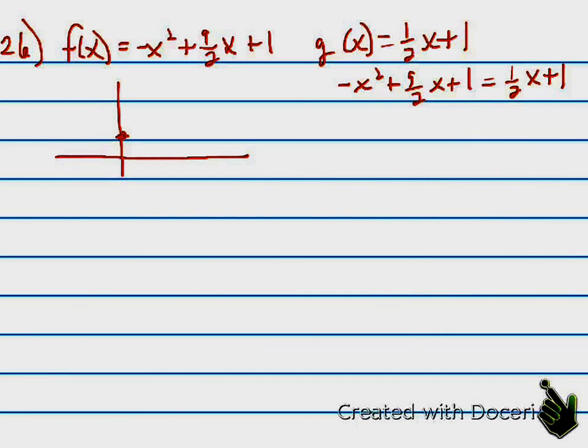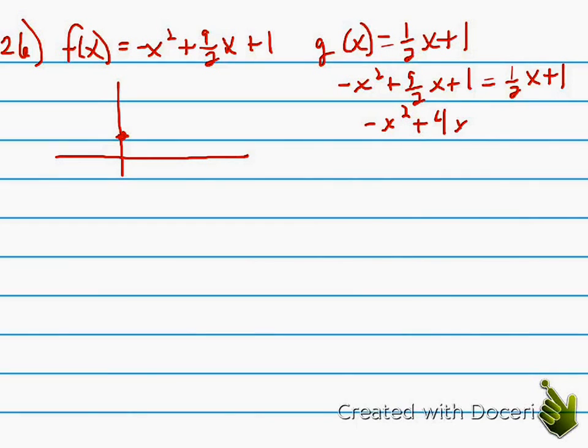So I move everything onto one side, and I end up with negative x squared plus 4x equals 0. So I end up with the solutions x equals 0 and 4. So at x equals 0, I now go through 1.